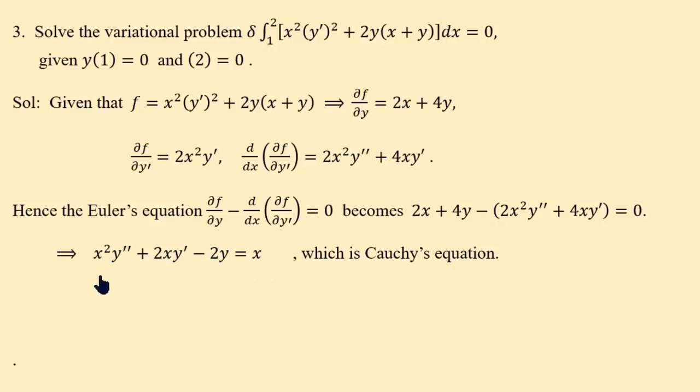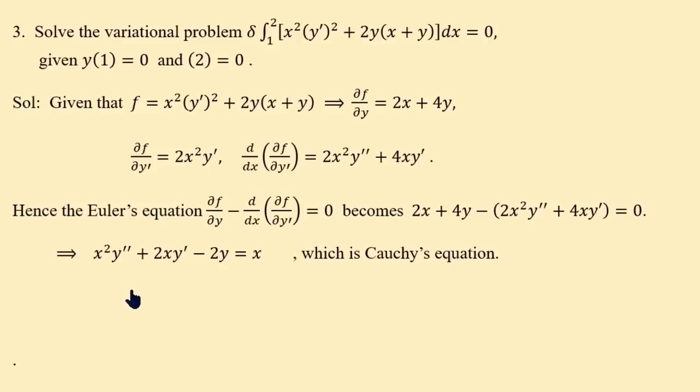Cauchy equations that you studied in second sem. Put x equal to e power t, t is log x. X y dash is D y. X square y double dash is D into D minus 1 y. And then it reduces to the equation with constant coefficients. Then you know how to solve.